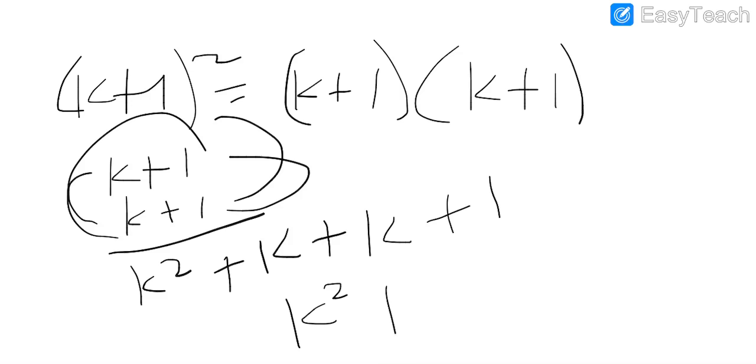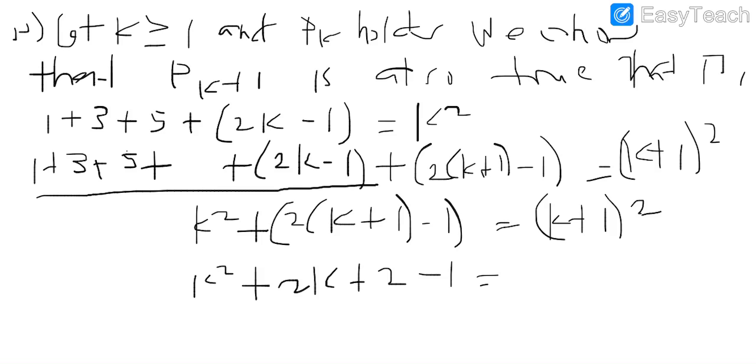So we're left with k squared plus 2k plus 1. Okay? We have k squared plus 2k plus 1. We can factor it: k plus 1 times k plus 1.